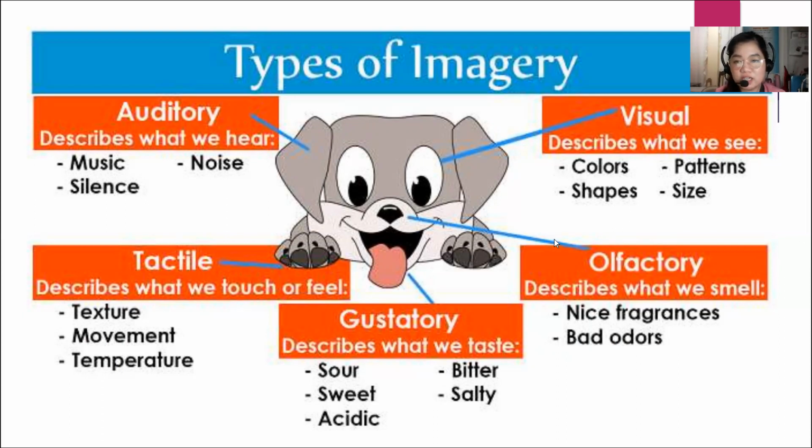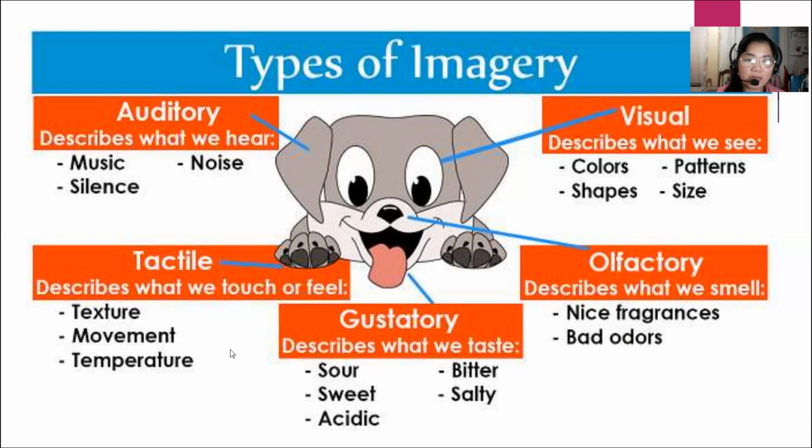Olfactory describes your sense of smell, so you can describe nice fragrances and bad odors. Next is gustatory, I don't know how to pronounce it. Gustatory describes what we taste. You can describe the different kinds of taste, there are five of them: sour, sweet, acidic, bitter, and salty. So you can describe that.